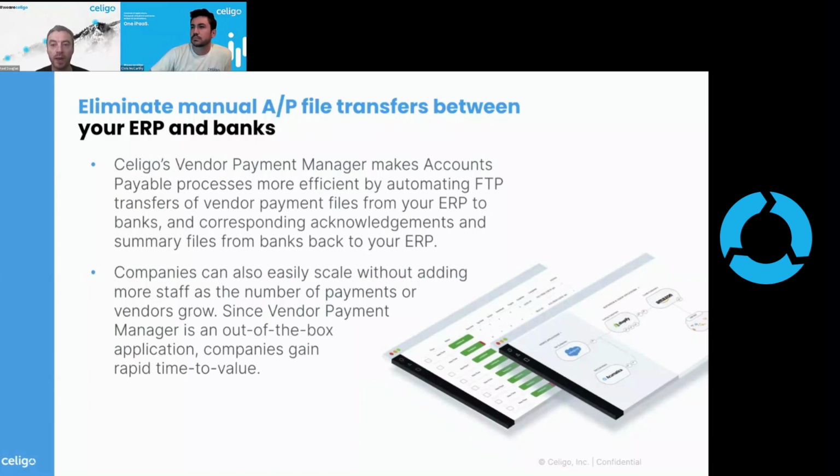So it works both ways, going from you to your bank and back from your bank to your ERP. And this helps companies scale without having to add more staff as the number of payments grow.